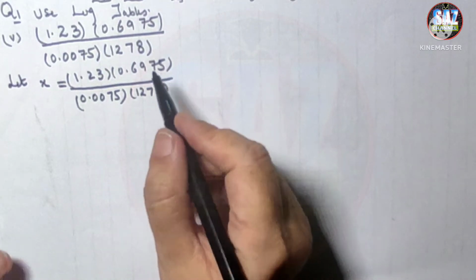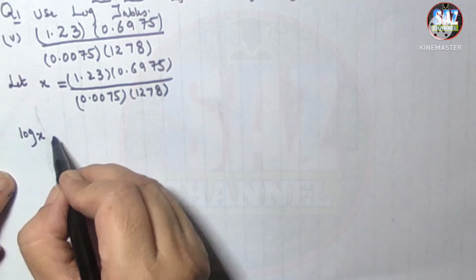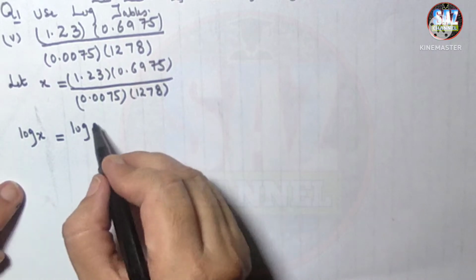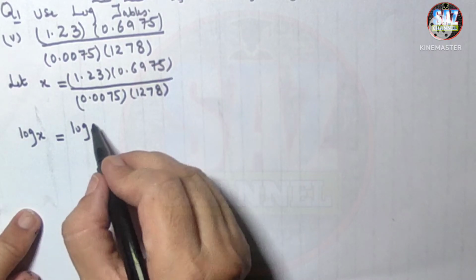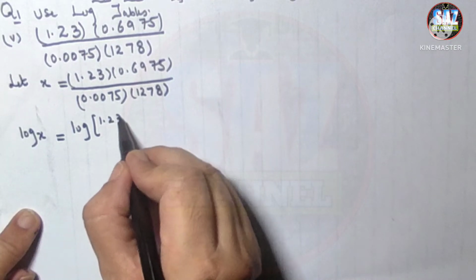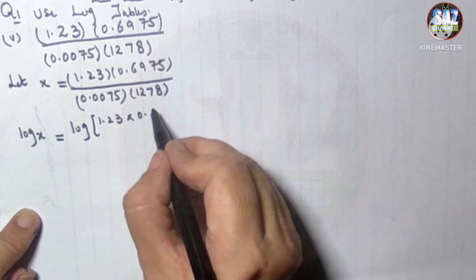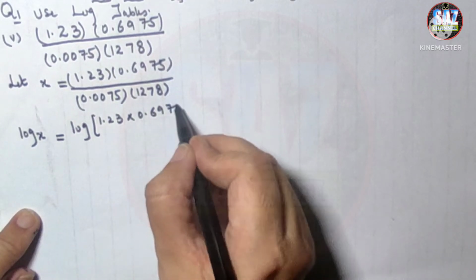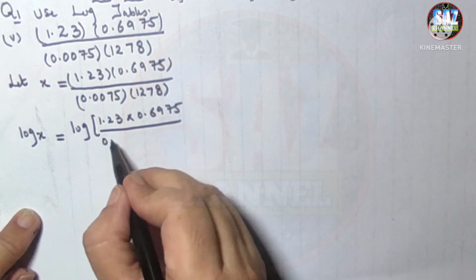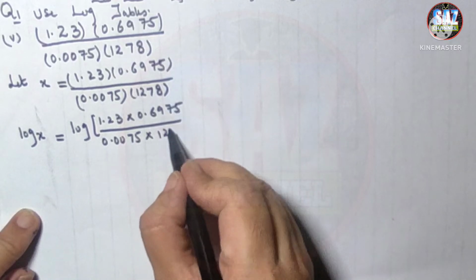We have to take log on both sides. I hope these 2-3 steps are common in all of the questions, so my students will be taking care of all these steps. And this is log x equals log of 1.23 multiplied by 0.6975 divided by 0.0075 multiplied by 1278.